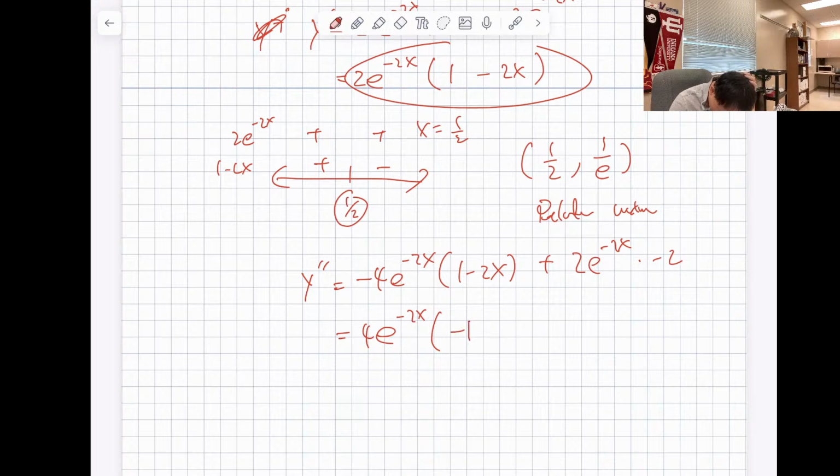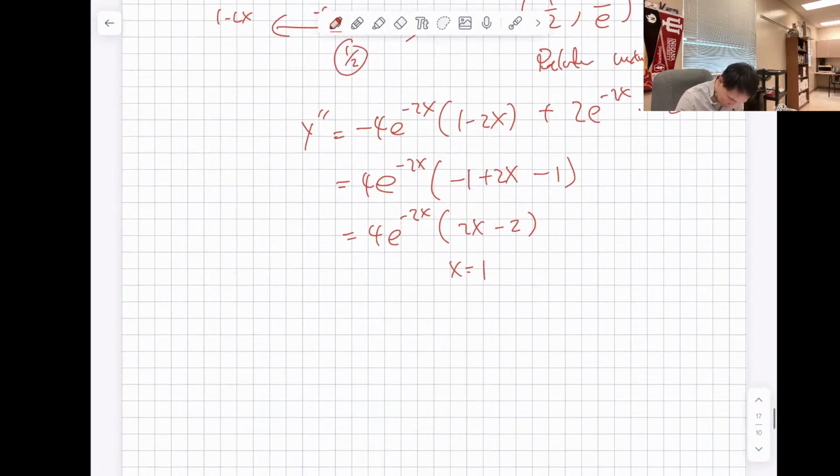Negative 1 plus 2x and negative 1. So it's going to be 4e to the negative 2x times 2x minus 2. So x is equal to 1. This is really hard to get.